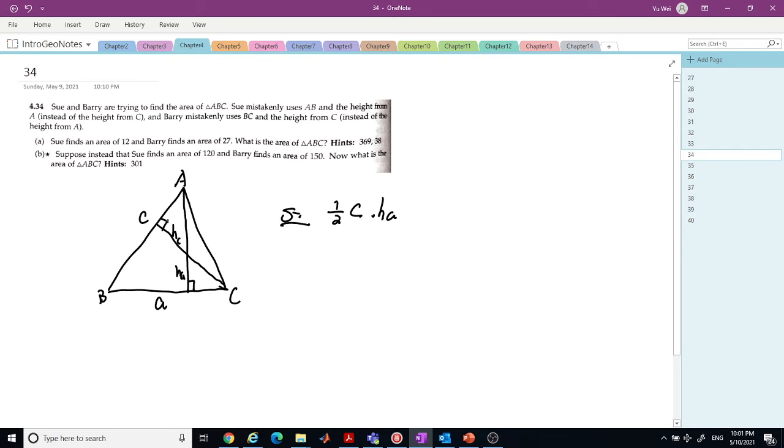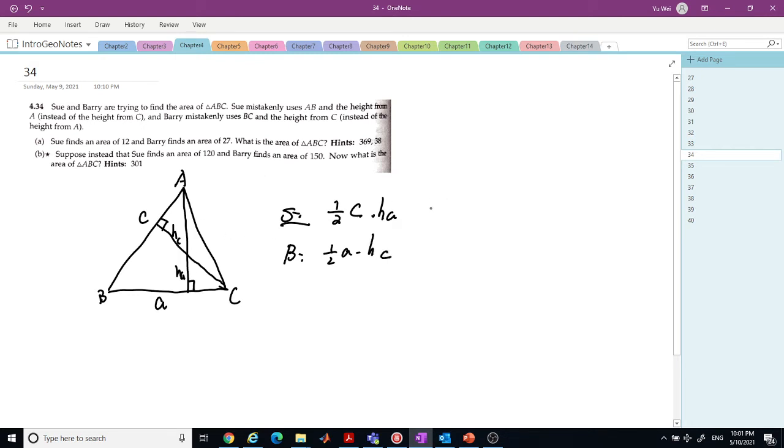It's supposed to use HC, right? And Barry mistakenly used BC, that's A, times the height from C, okay? It's supposed to use HA, right?